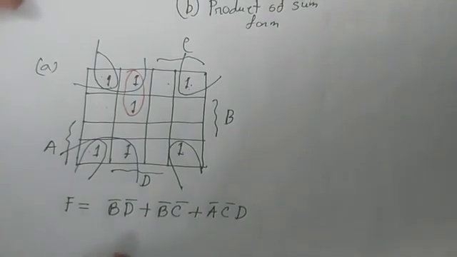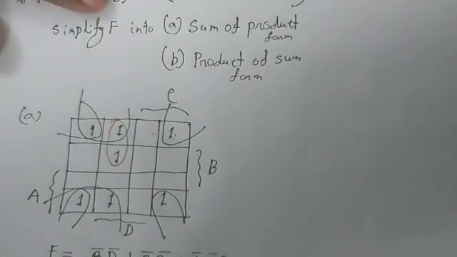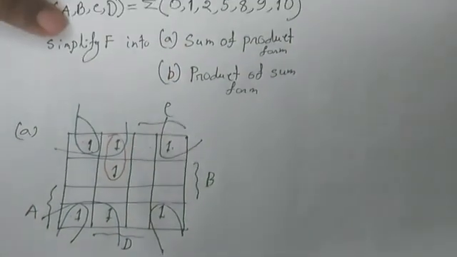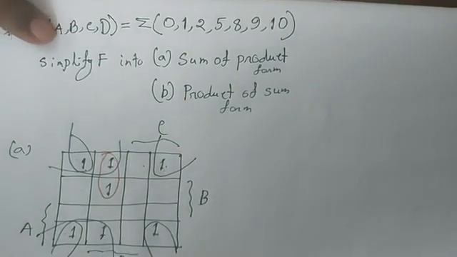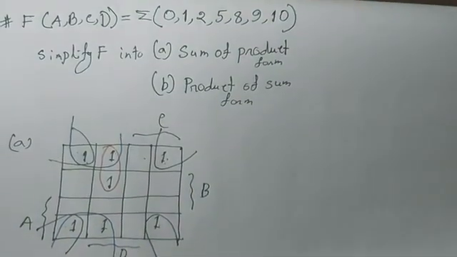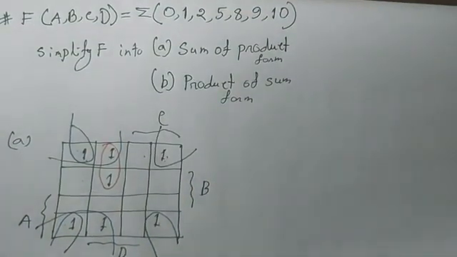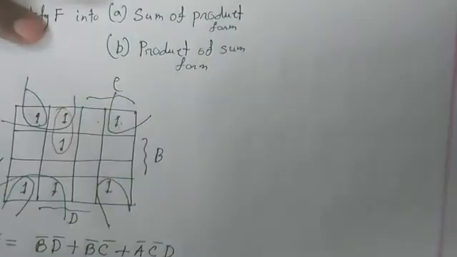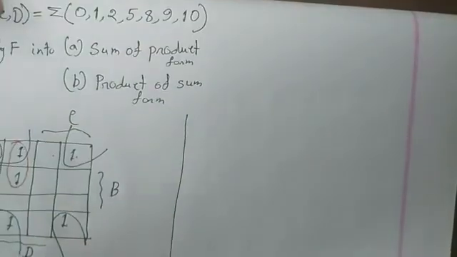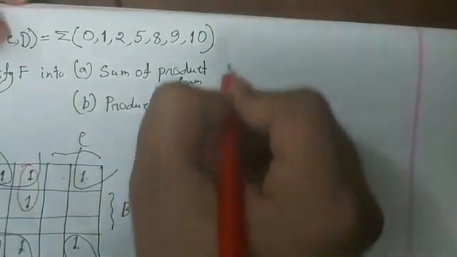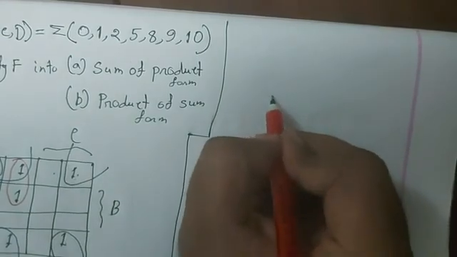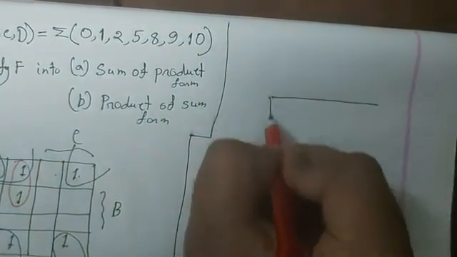Now for number b, we want the result as a simplified product of sum form. Now how to get a product of sum form? So let's put the K-map again.